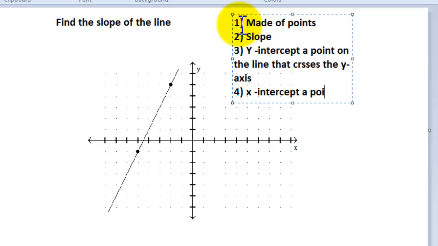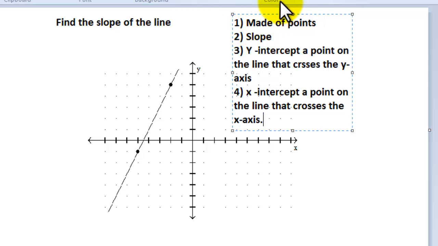It's a point on the line, because all lines are made of points, that crosses the x-axis. So eventually this line, if we kept drawing it, would cross this axis.